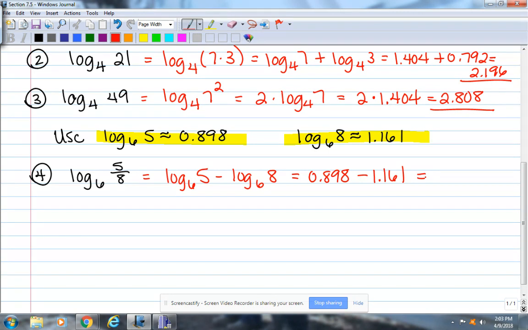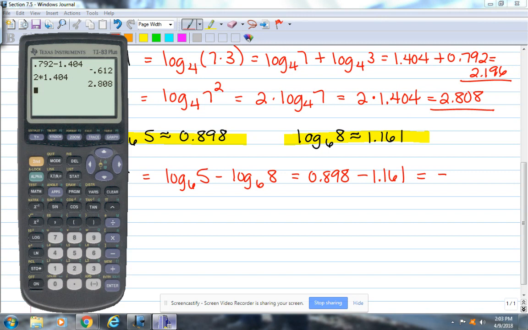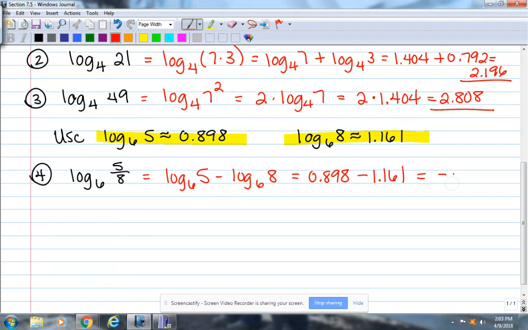And what do you get when you subtract those two? It's going to be a negative. -1.264. That's it.